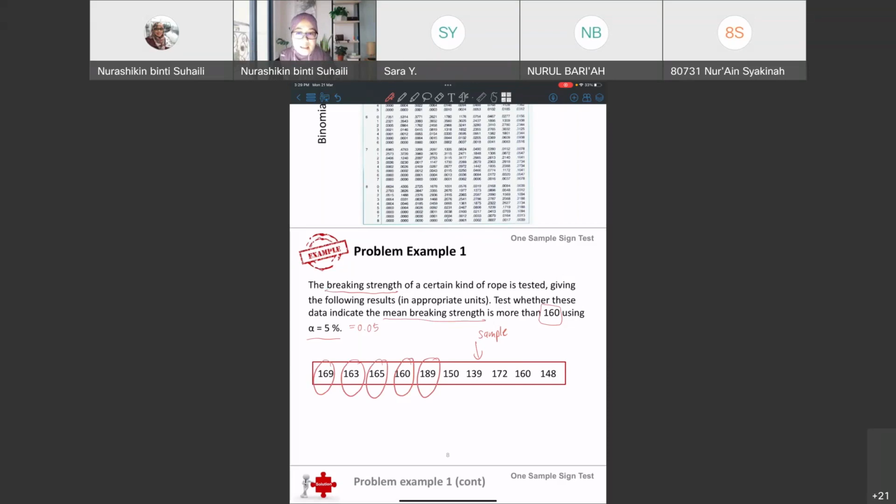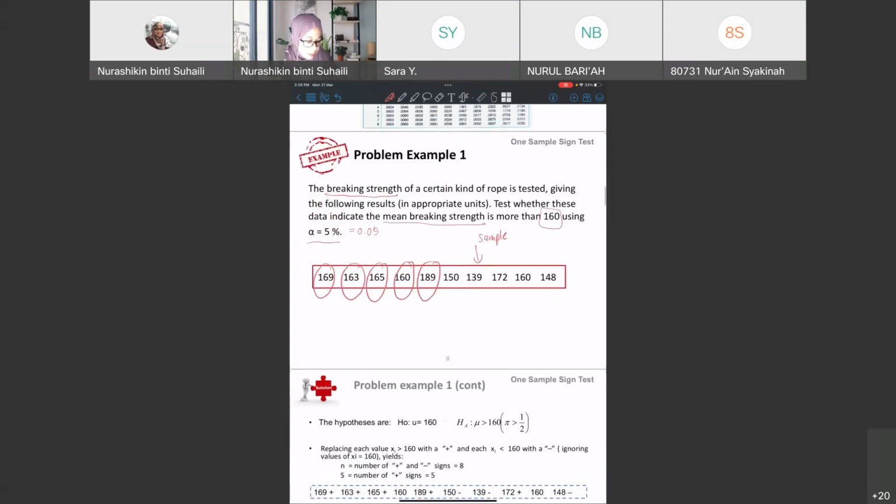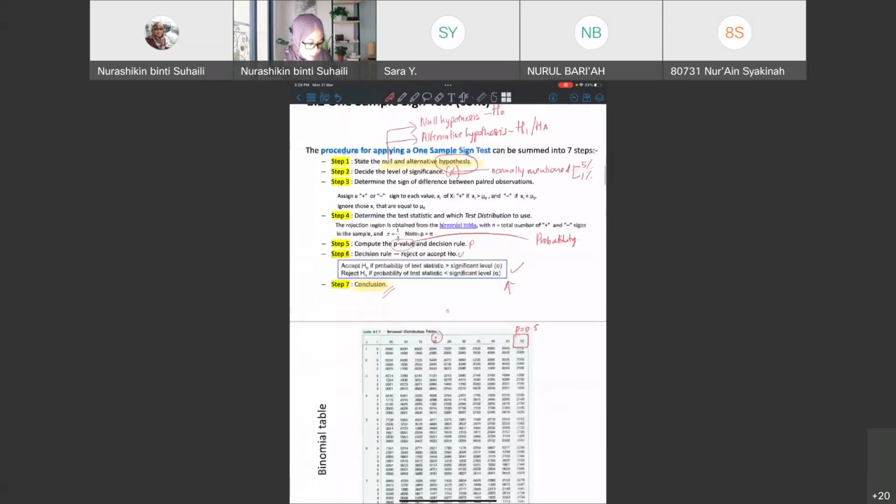That is the objective of this problem. Okay. Right. So how to solve this? Basically you can see that this is one sample, right? That's how you relate it with one sample Sine test. So you can use Sine test to solve this. So let's apply all the steps here.